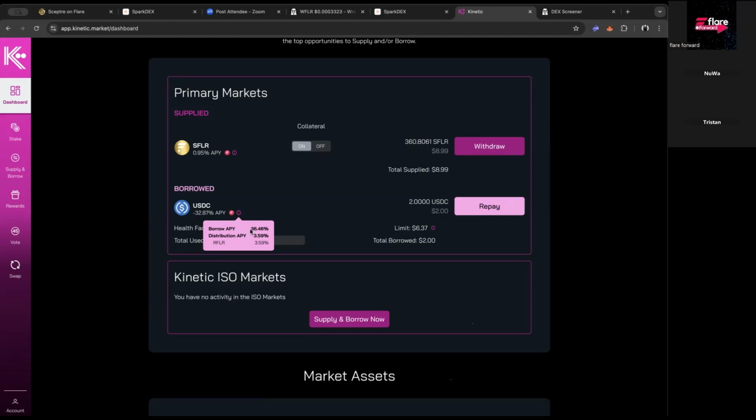Correct. 36%. That's the interest that you're paying. Daily? No, per year. Okay. Yeah, the APY is per year. And then you're making 79% on the liquidity pool. So 36% is the interest rate, which is pretty high. But as they open the USDT markets, that number is going to go down.